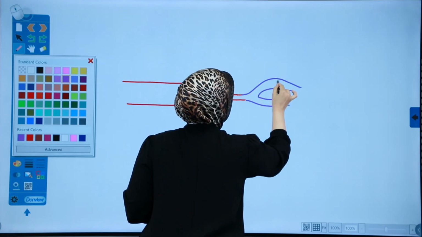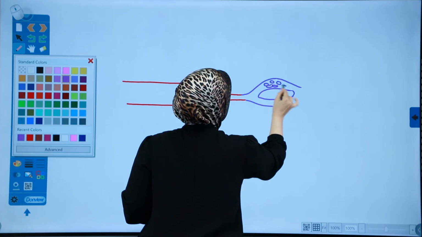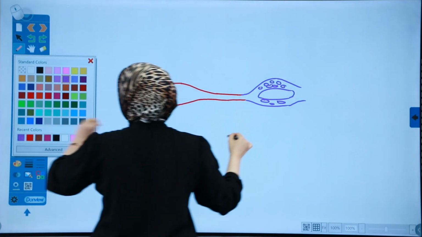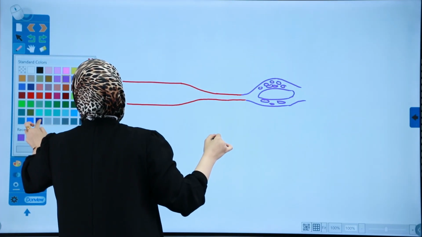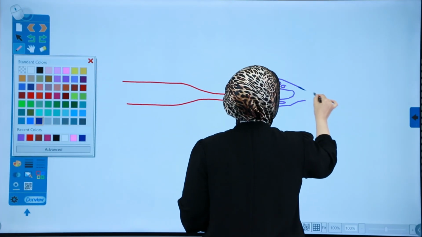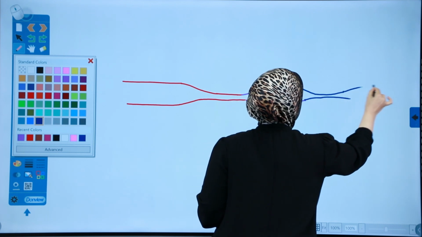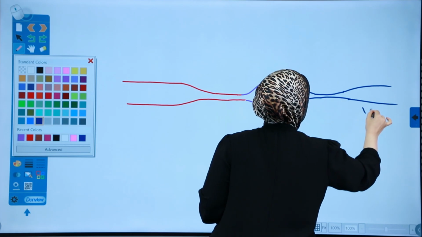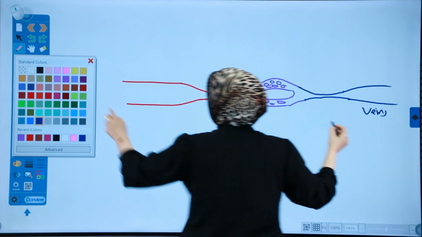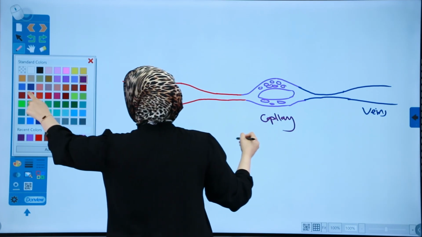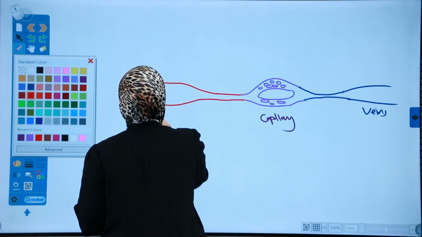Now, a capillary is the smallest and the thinnest, and then the capillary is going to slowly become bigger and bigger and joins bigger vessels called veins. Again, this is the capillary and this is the artery.